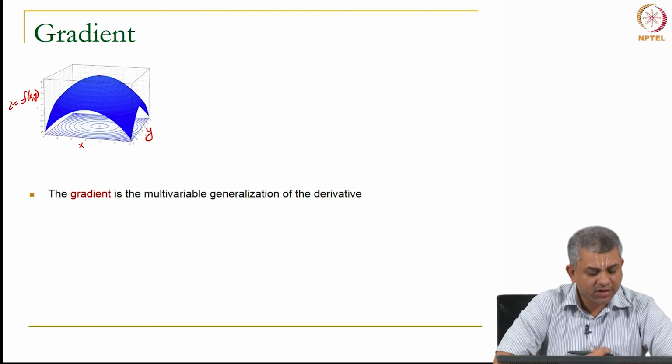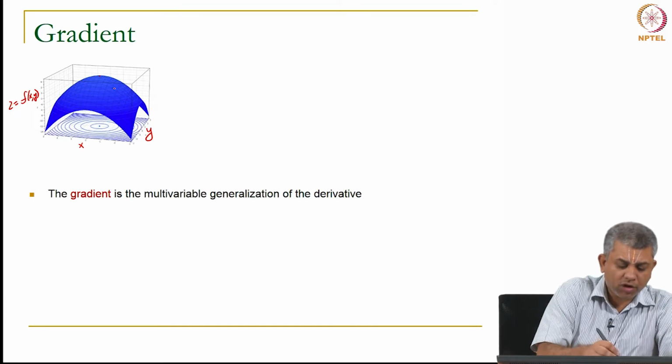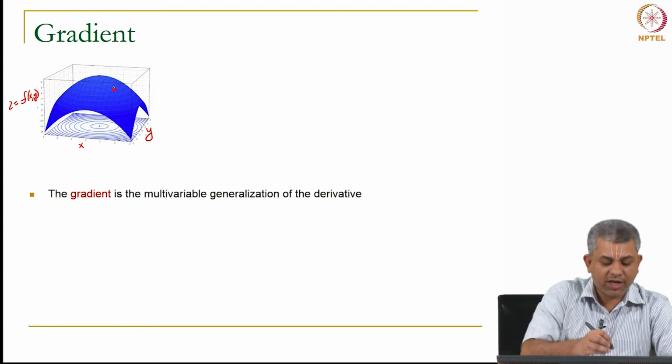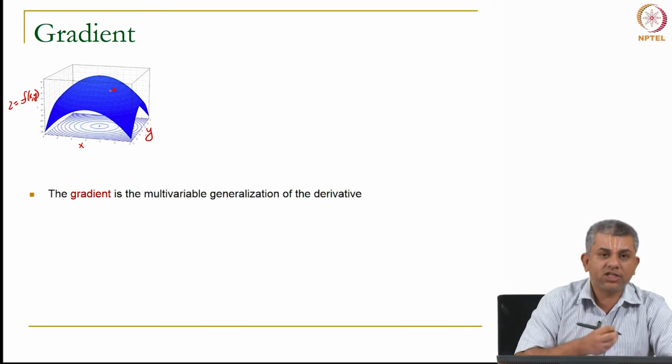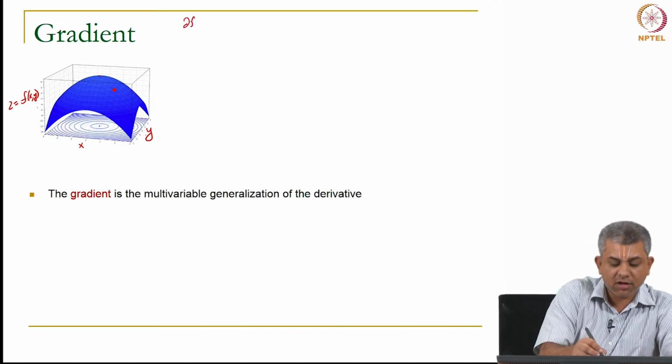Okay. There are several noticeable things here. So, suppose I want to say how much does the value of the function change at this point, that notion by itself does not become intelligent unless you say how much does it change with x. So, you have del f del x and you also have del f del y. Okay.